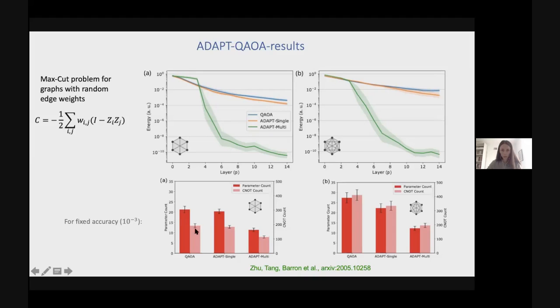So if you look here at the parameter count, the ADAPT entangling mixer case has a smaller number of parameters and a smaller number of CNOTs than either of the other 2. And this is consistent also for this graph.